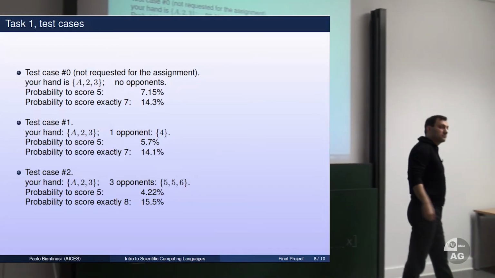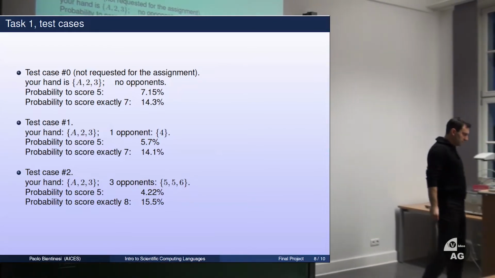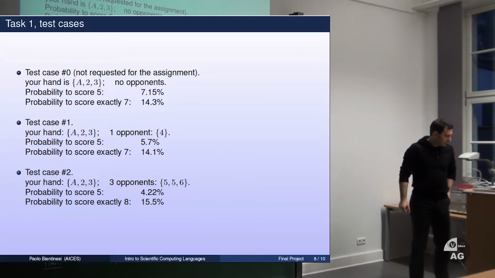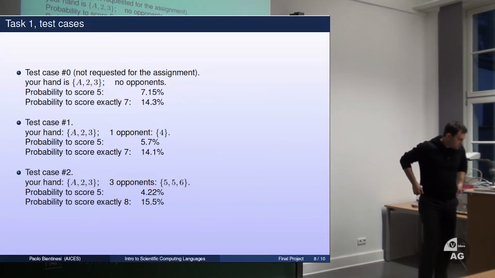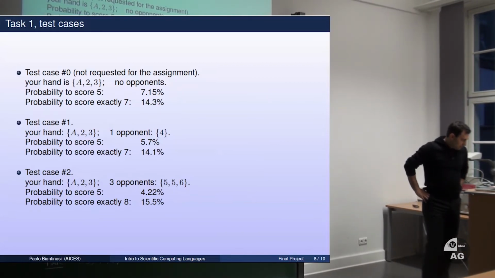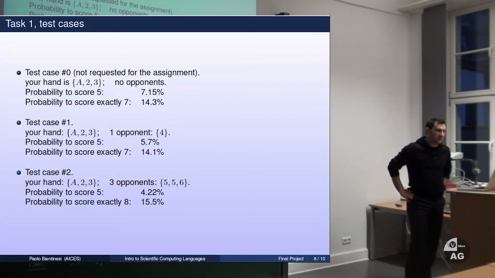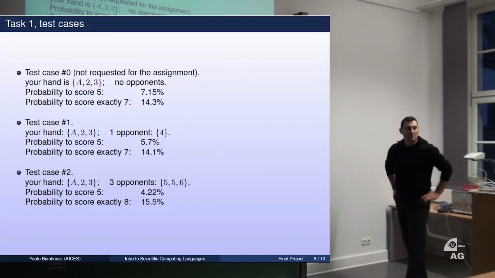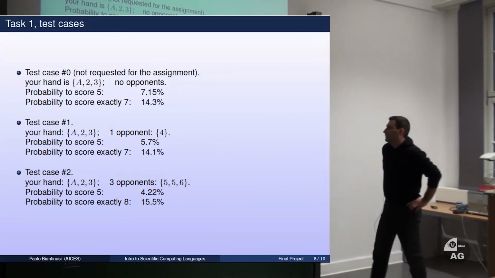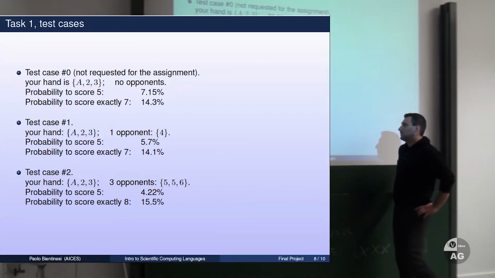Why is there a difference between the probability to score 5 and exactly 5? You mean why I use the word exactly, or why the probabilities are different? The word exact is also interesting, but what do you mean exactly? This is correct.